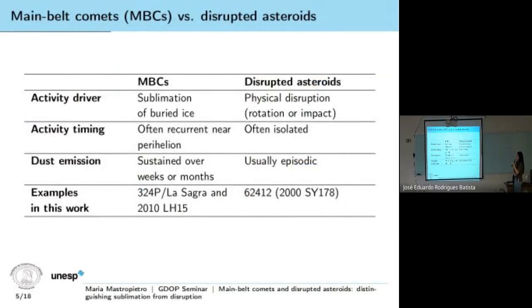So for main belt comets, we see recurrent activity at near perihelion, and it can occur for different perihelia. The dust emission can last weeks or months, and this is what we see for 324P and LH15. For disrupted asteroids instead, like 62412, we see only a one-time event that is usually episodic, and it is not recurrent.